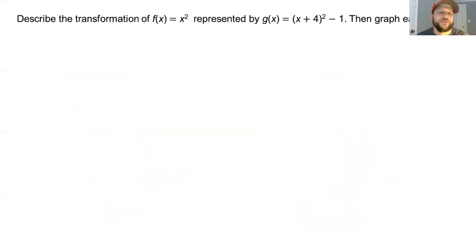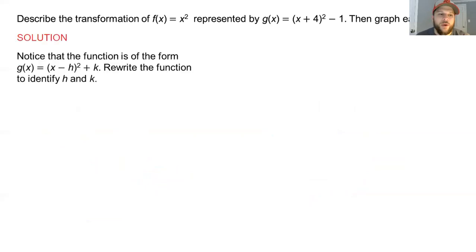So let's describe the transformation of just the parent function x squared and how we would get the g of x equals (x plus 4) squared minus 1, and then graph each one of those functions. So given that basic form that we went over on the previous slide of (x minus h) squared plus k, we need to rewrite that function to identify h and k.